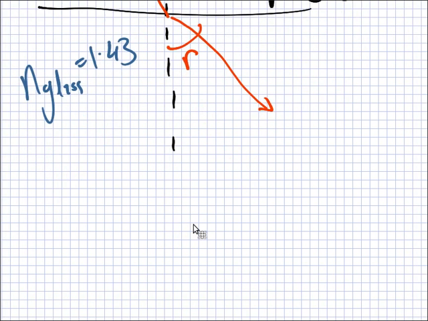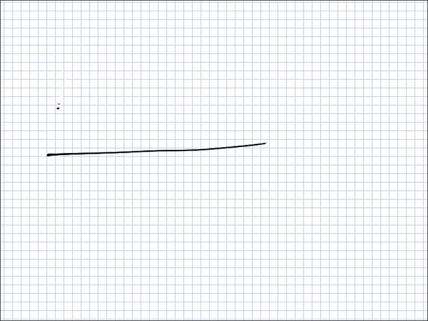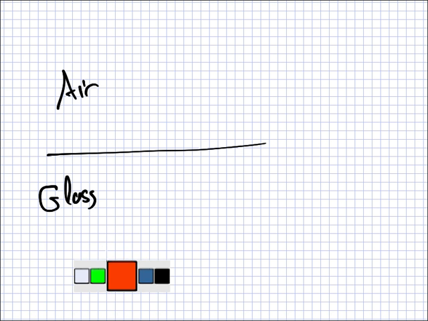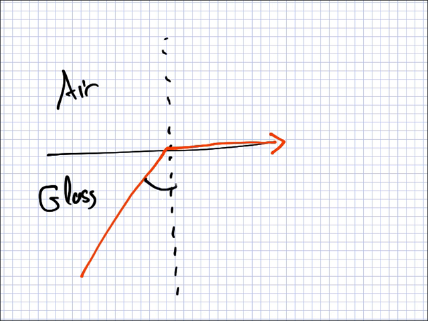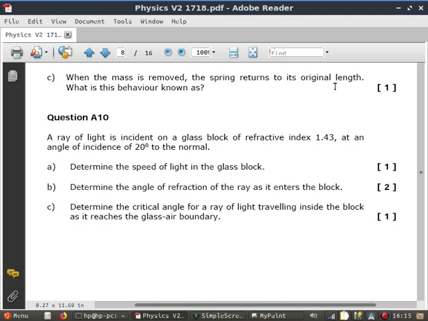The critical angle. So the critical angle is when you have the air here, the glass here, and the light goes like this. And this is called the critical angle. And the formula is quite simple. It's sine inverse 1 over 1.43.